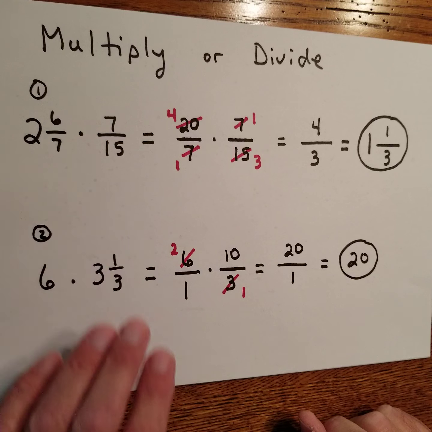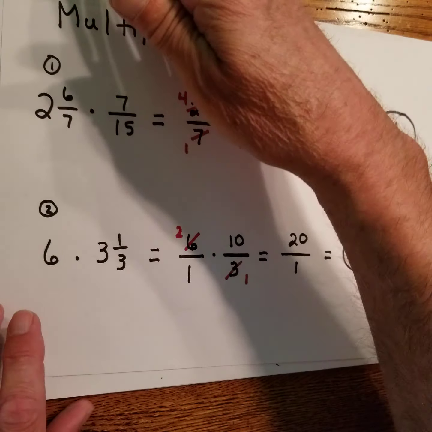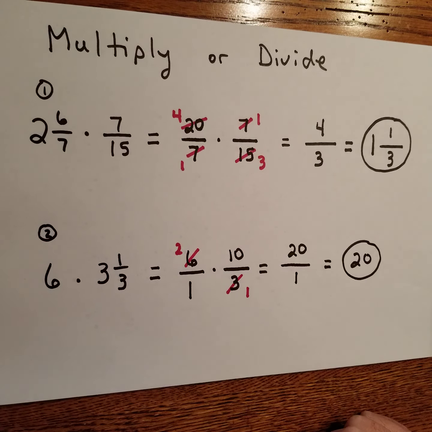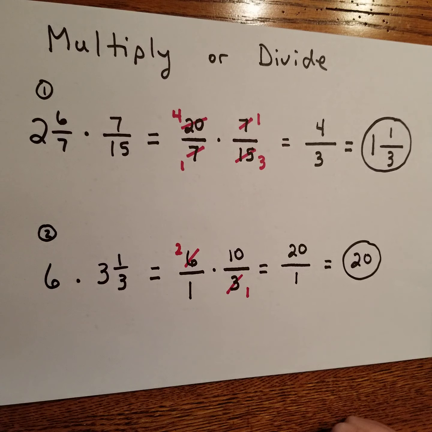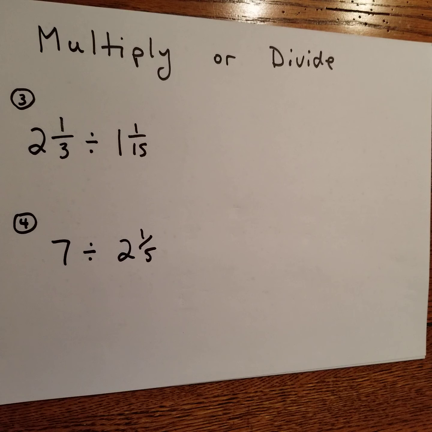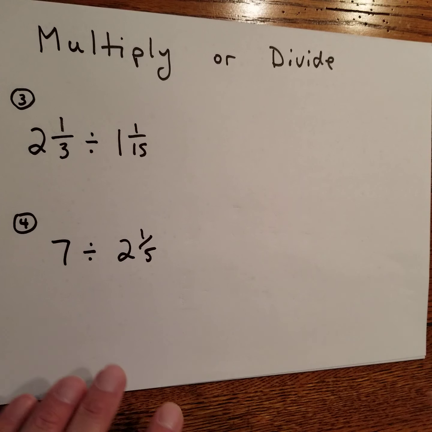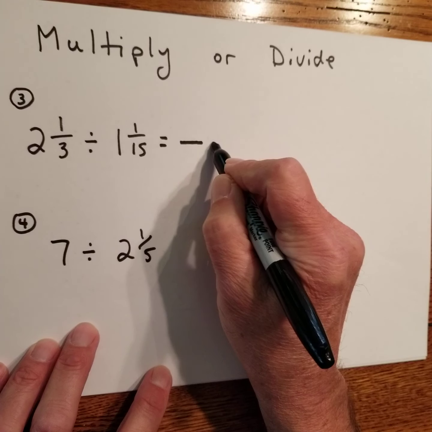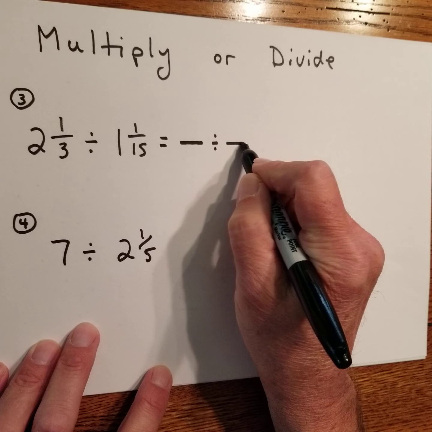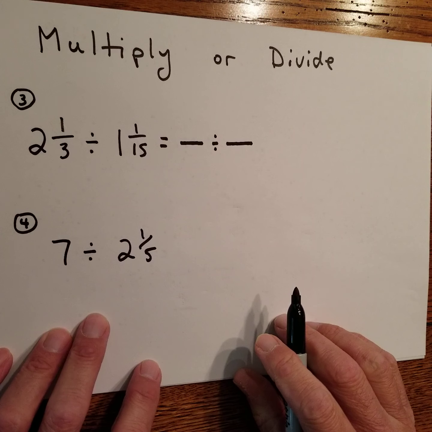Copy the problem down, change everything into improper fractions, reduce, multiply, if possible, change it back into a mixed number. Now you know division problems have the extra step. For a first step, let's rewrite the problem using improper fractions.